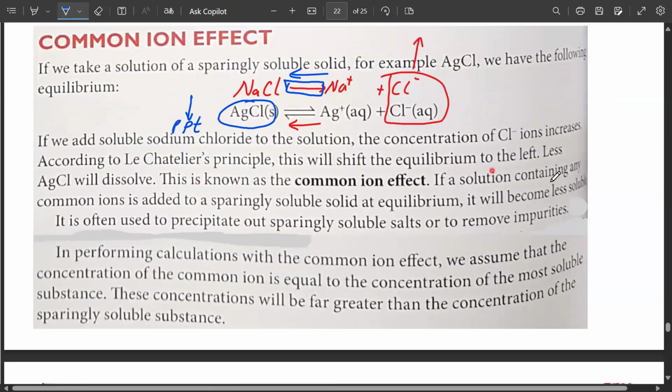This is known as the common ion effect. If a solution containing a common ion is added to a sparingly soluble solid at equilibrium, it will become less soluble. This is the overall summary. Over here, we are only considering the chloride ions.